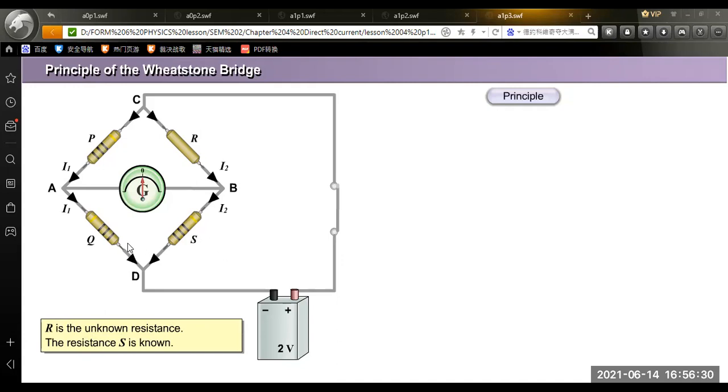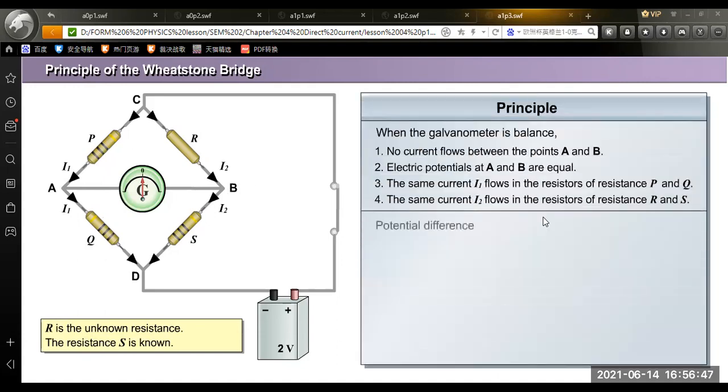So we notice that P, Q and S have the same color, right? So they have the same reading. So what is the resistance of R? The principle: when the galvanometer is balanced, that means that no current flows between point A and point B. Why?